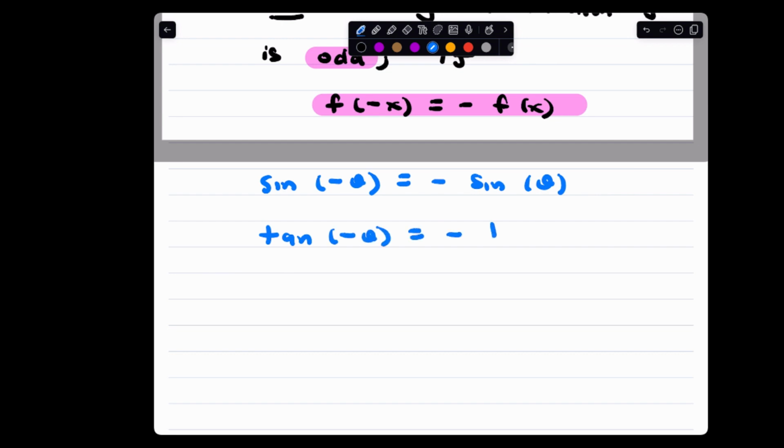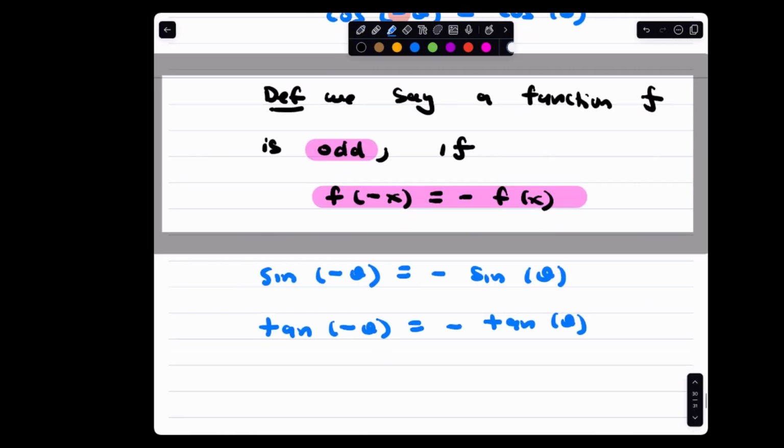That's minus tangent of an angle. Did you pull out the negative signs? Say yes. What do you guys know about both sine and tangent? Those functions are odd functions. Good. It satisfies the definition of being odd.